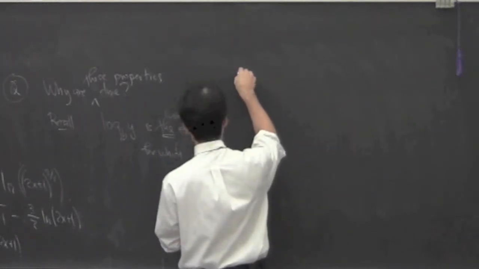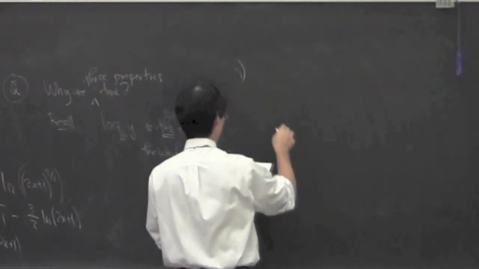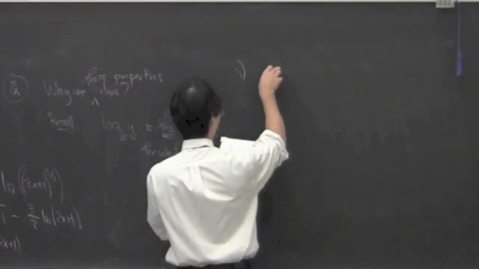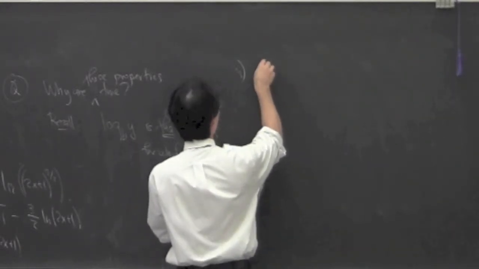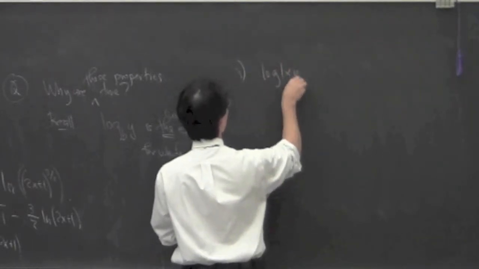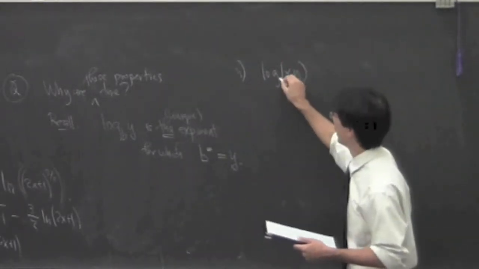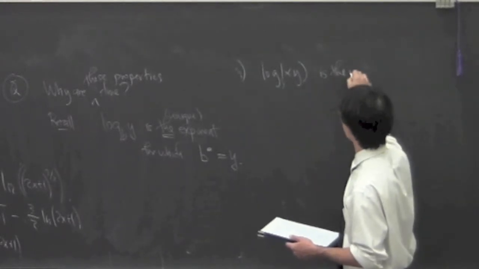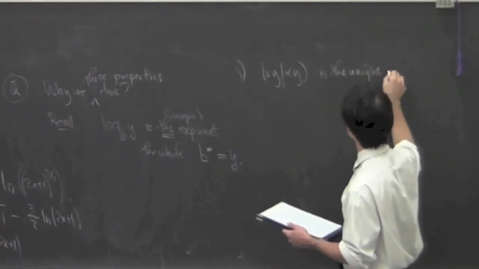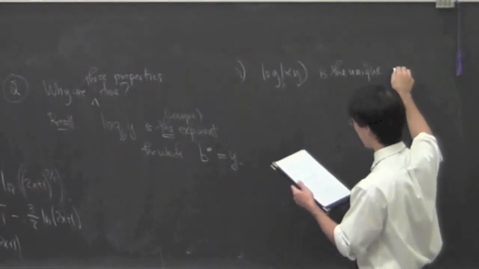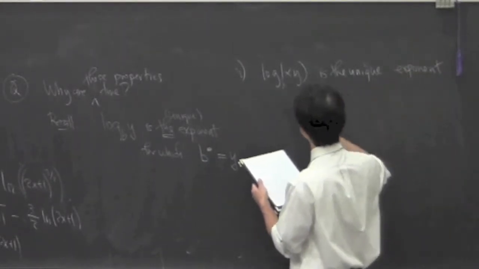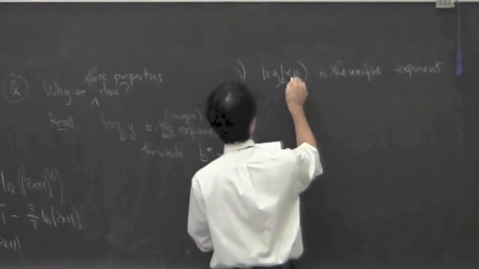So let's think about property 1. Log of xy. What's log of xy? It's the unique exponent. Let's say log base e, it doesn't matter what the base is.